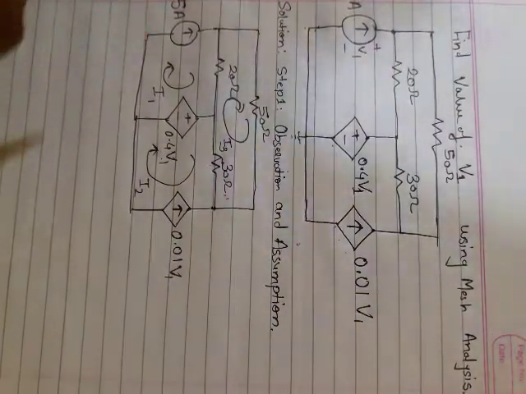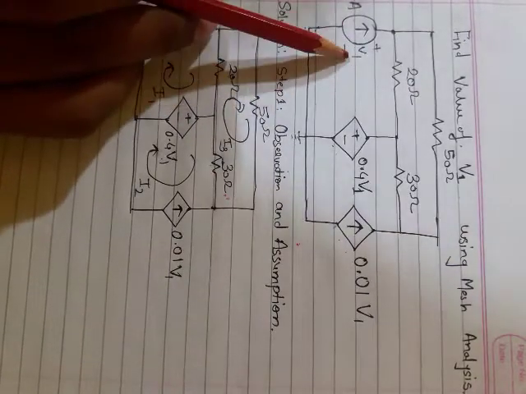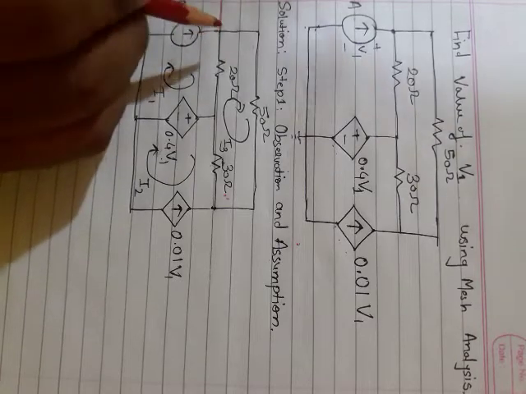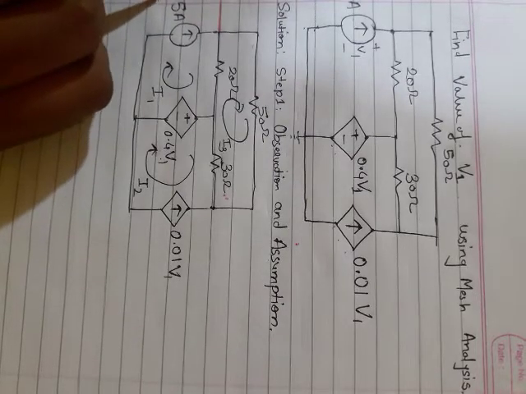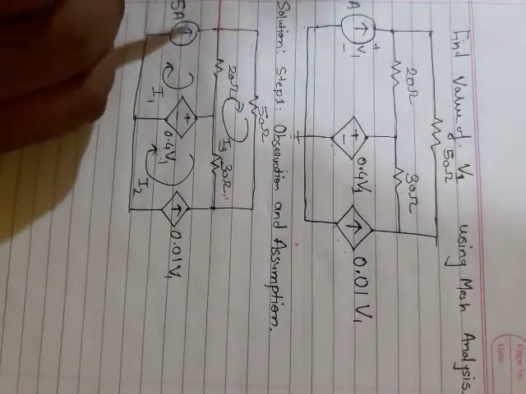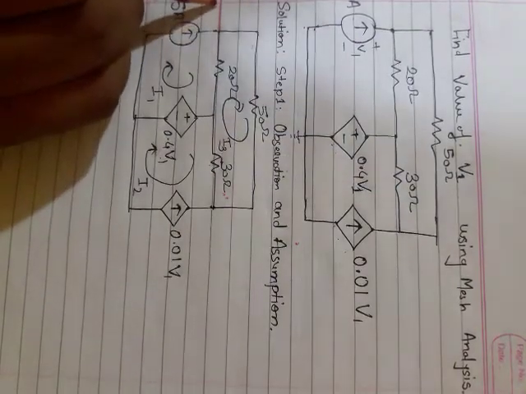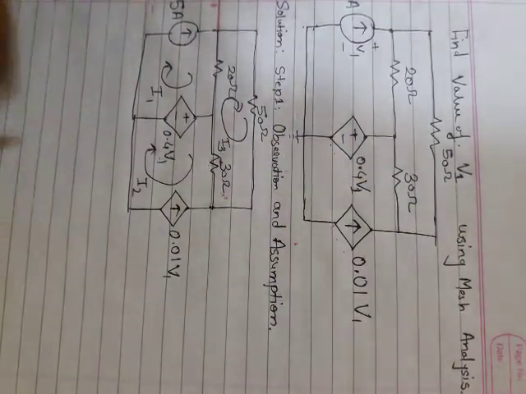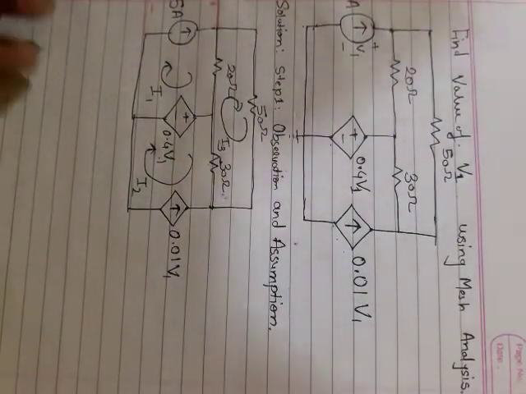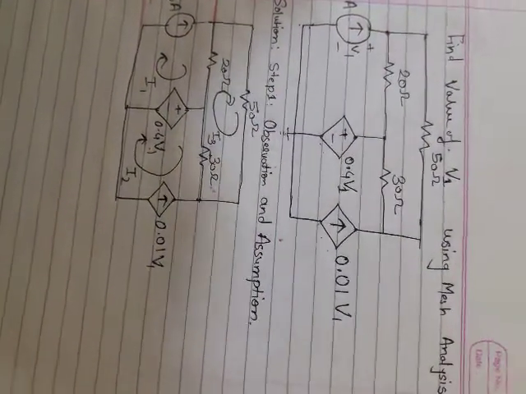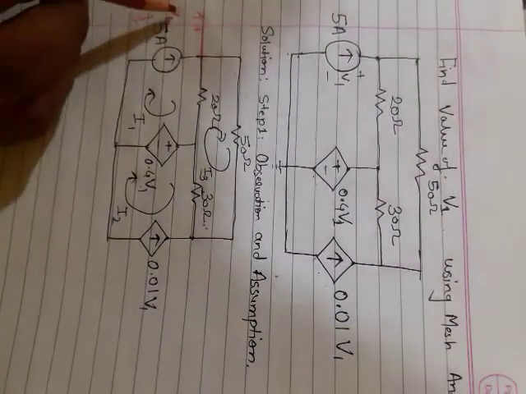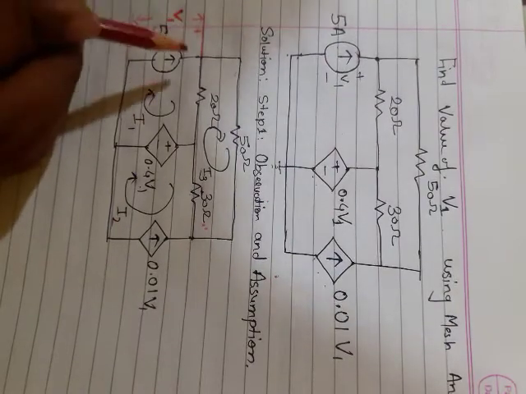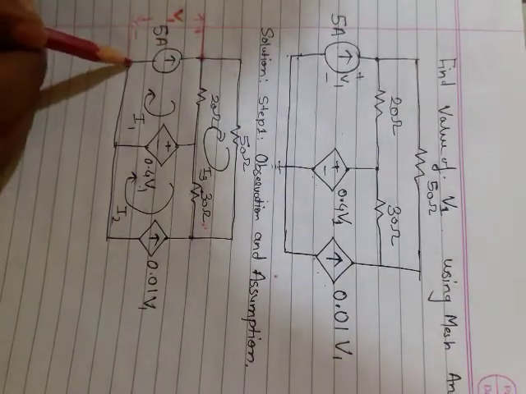Now consider here the value of V1 is given. For understanding purpose, I am writing this is the value of V1, where this is positive and this is negative. This is the value V1, which is the voltage between this point and this point.